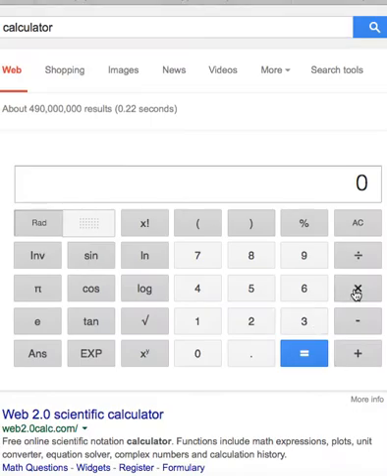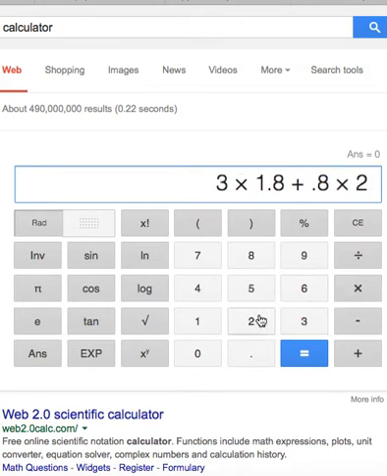All right, 3 times 1.8. And then you can push equals, but I'm just going to push plus. 0.8 kilos. Remember, we changed 800 grams to kilos. Times 2.9.